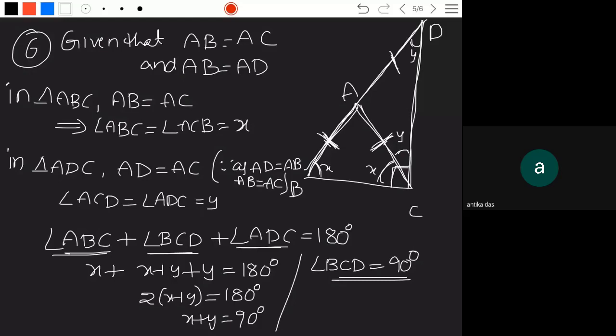In triangle ADC, AD equal to AC. You have written in brackets that AD equal to AB, AB equal to AC. Actually, this point is not given to you in your textbook. AD and AC are equal, not given.